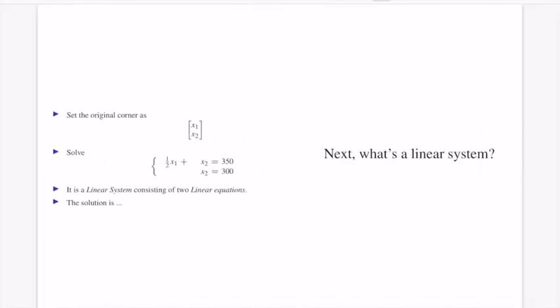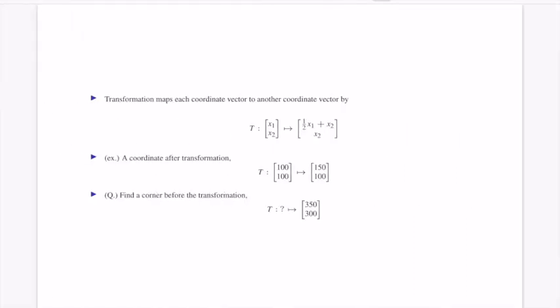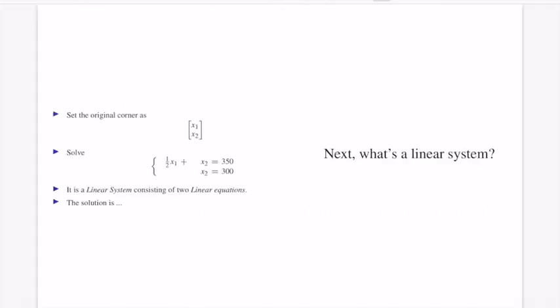For this purpose, we first set the coordinate values of the pixel in the first picture as x1, x2, and then 350, 300 of the new coordinates should match the formula given by the transformation here. So this one is 350, this one is 300, and we have to solve for x1, x2.